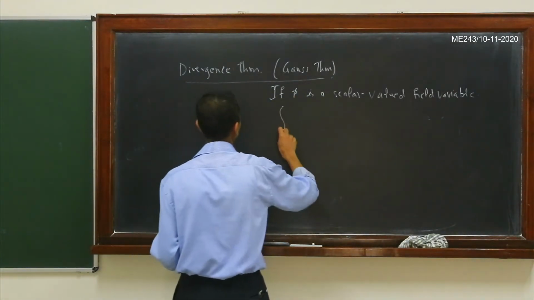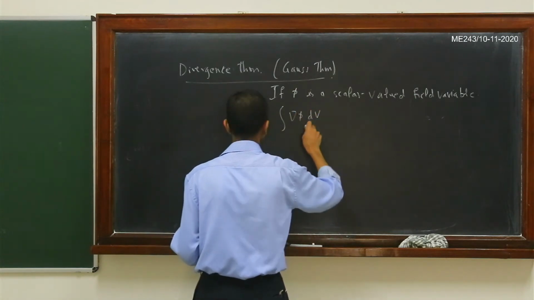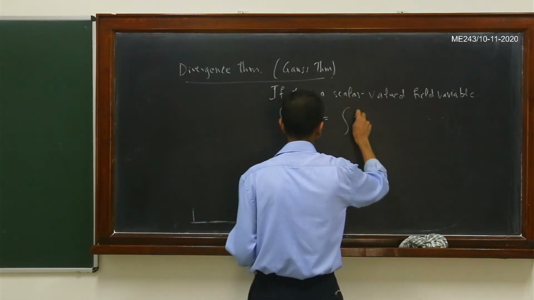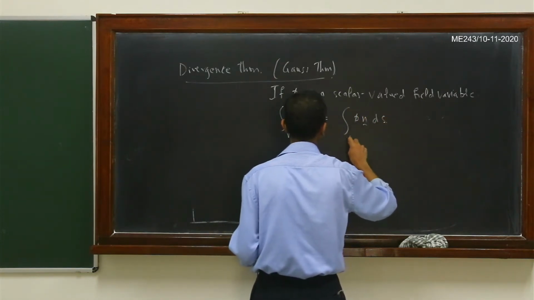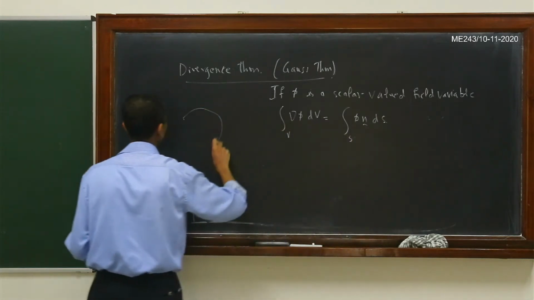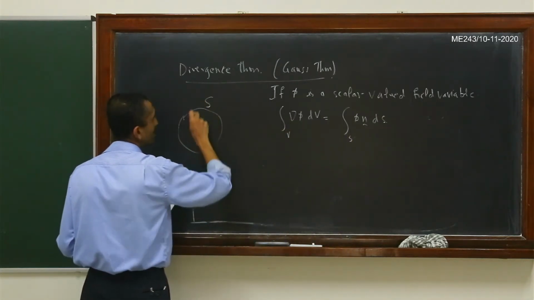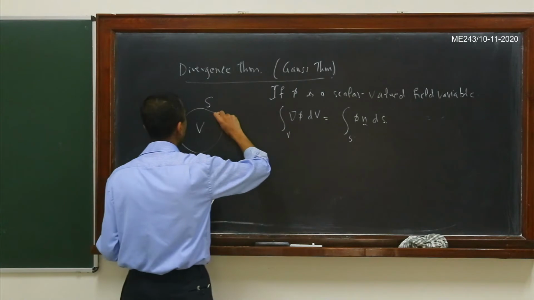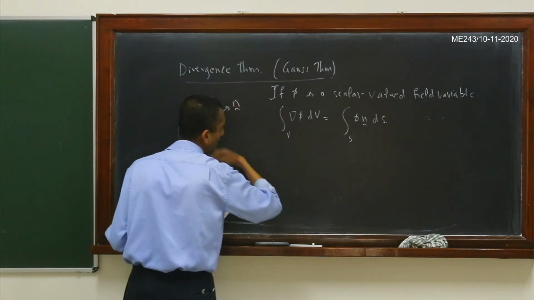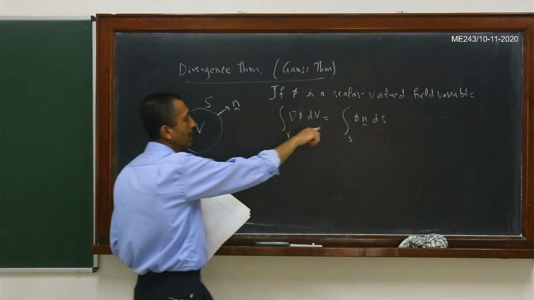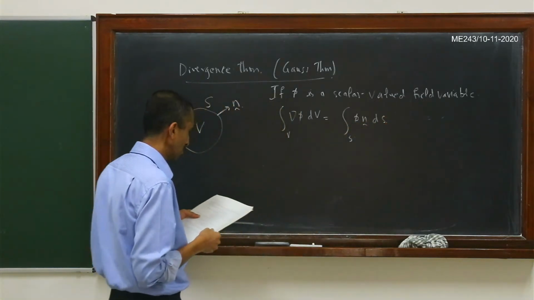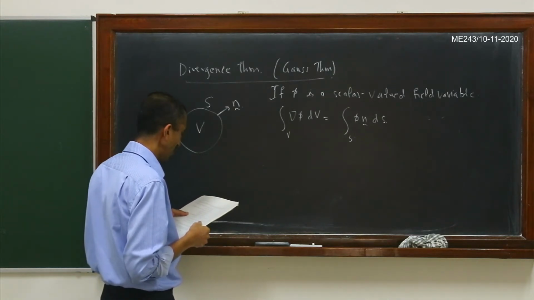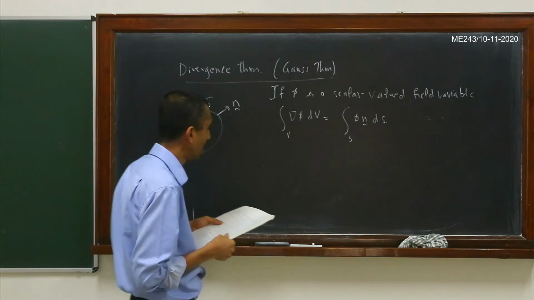Then integral of del phi dv over v is equal to integral of phi times n ds over s. So here v is the domain. Let's say v is this particular domain, s is the surface of that particular domain, and n is the unit normal at any point on that particular surface. So there is an integration involved over the entire surface. So this del phi times dv is phi times n.